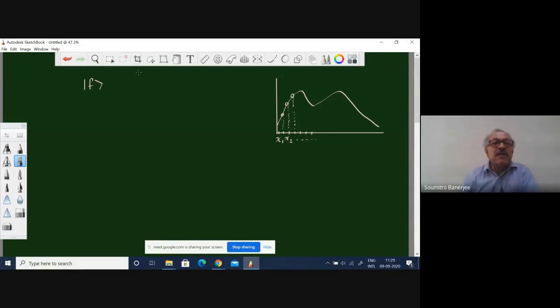So this can be expressed as a column vector: f(x1), f(x2), up to f(xn).